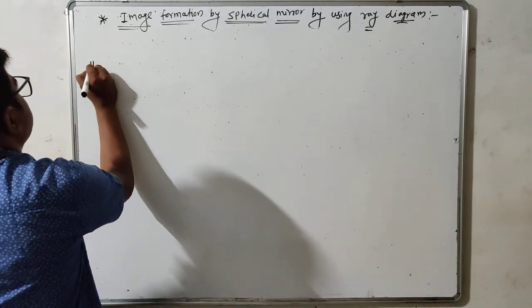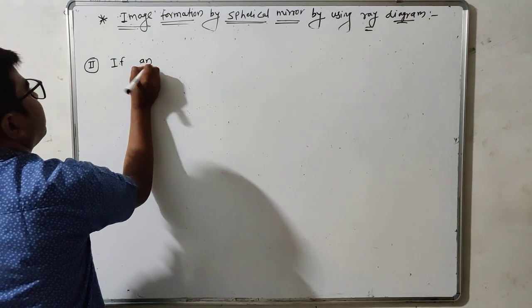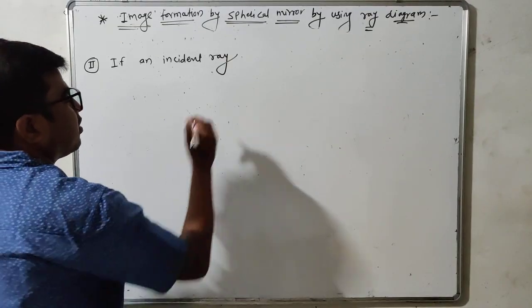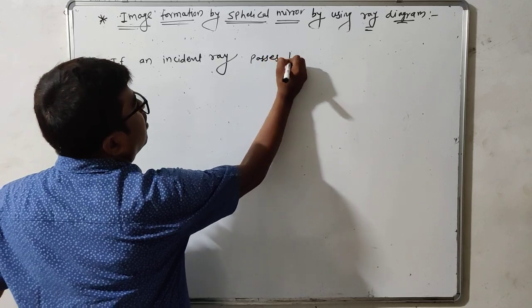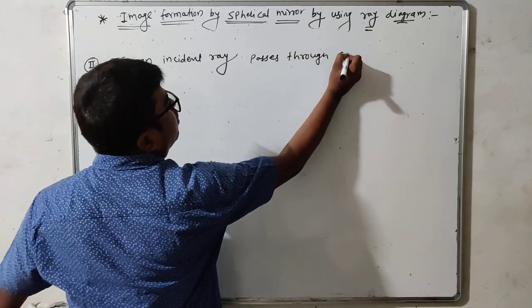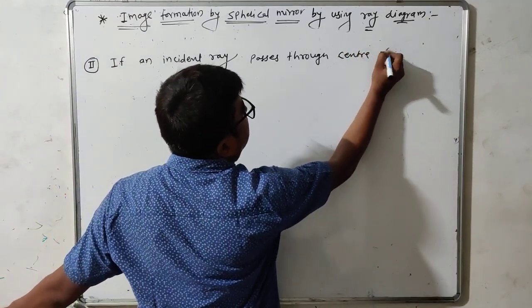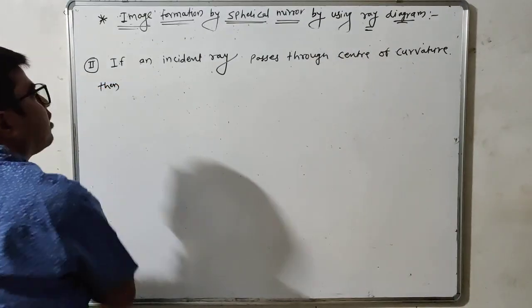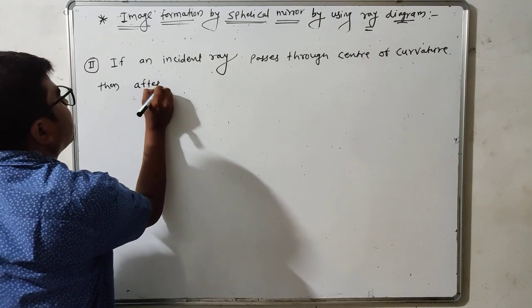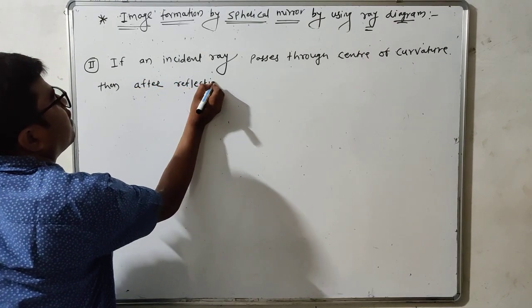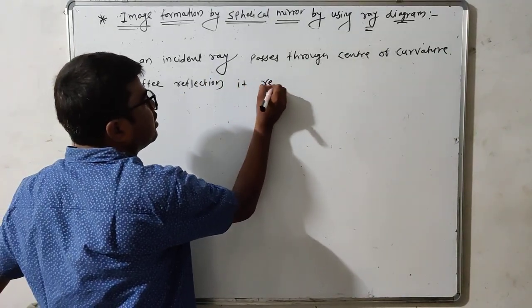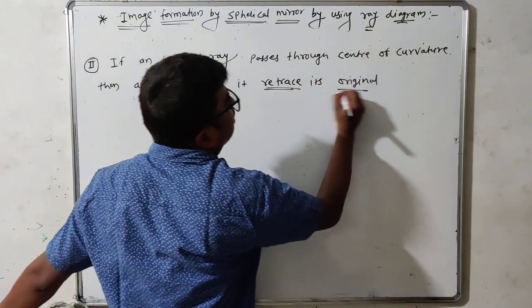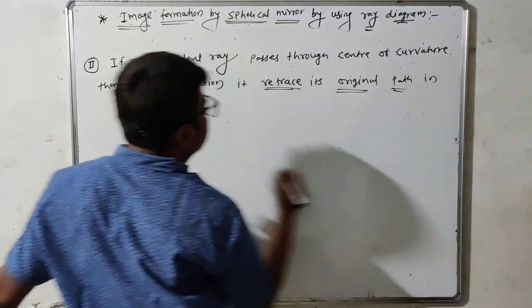If an incident ray passes through the center of curvature, then after reflection it retraces its original path in the opposite direction.